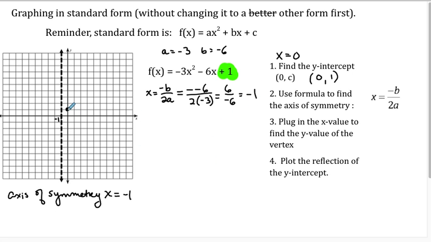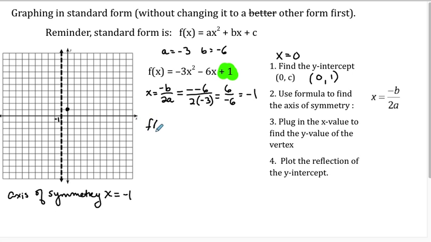Now, of course, I've got one point and I've got an axis of symmetry, and I have a general idea of what my parabola is going to look like. I know it's reflected, so I know it's going to open downwards. I know it has a stretch value, or a vertical dilation of 3, so it's going to be pretty steep. But I'd like to know exactly where that other point is. So I'm going to take this x value for the axis of symmetry, and I'm going to plug it back into the original equation.